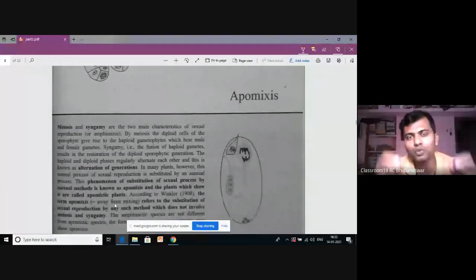Suppose we have a female plant with a unisexual flower, having calyx, corolla, and gynoecium.